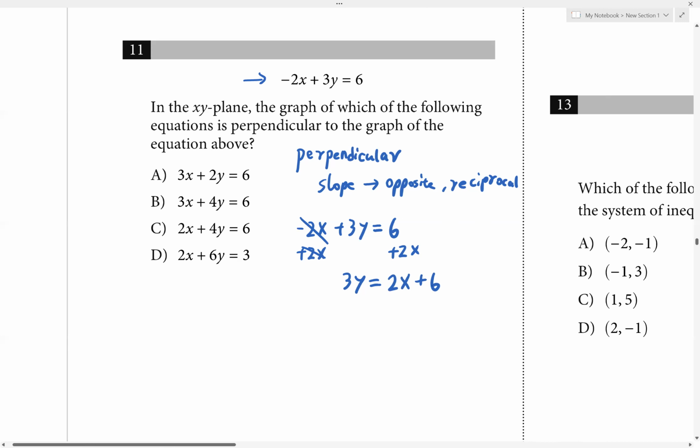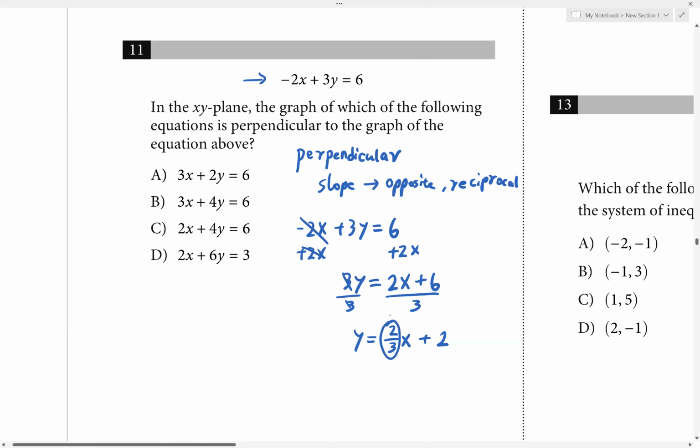Then to get y by itself, we divide by 3 on both sides. The 3 cancels, and y equals 2x over 3, which we can rewrite as 2/3 x, plus 6 over 3, which is 2. This is our equation in slope-intercept form, and we can tell the slope of this line is 2/3.